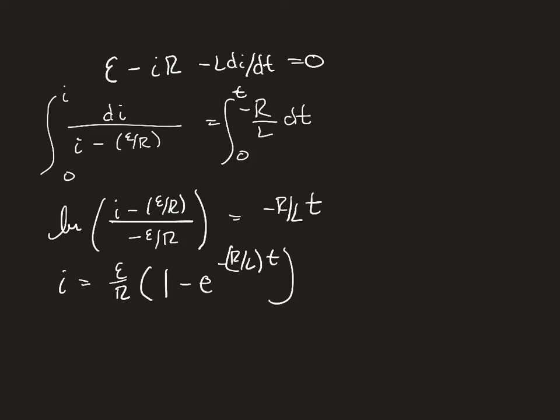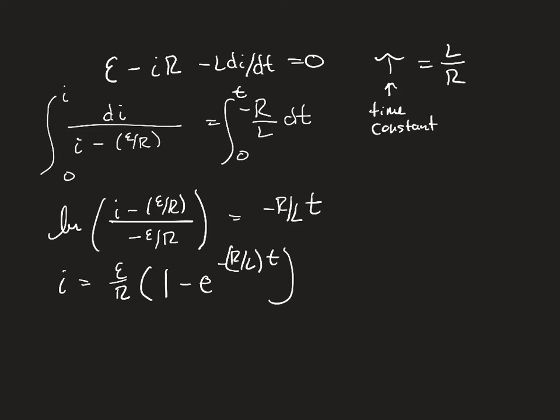Alright, so inductors, or RL circuits specifically, have a time constant similar to an RC circuit, where your time constant this time is equal to L over R, so the inductance over the resistance.